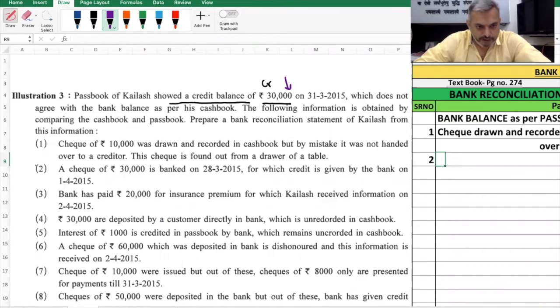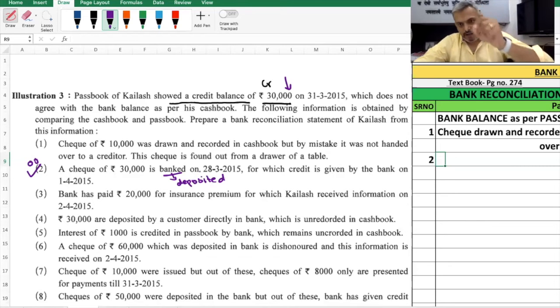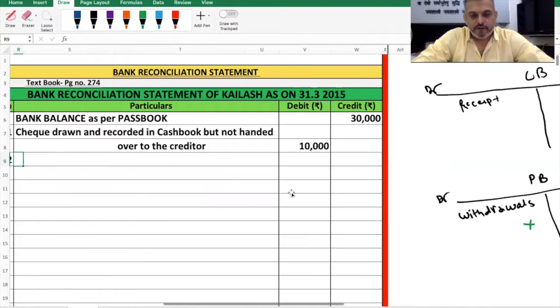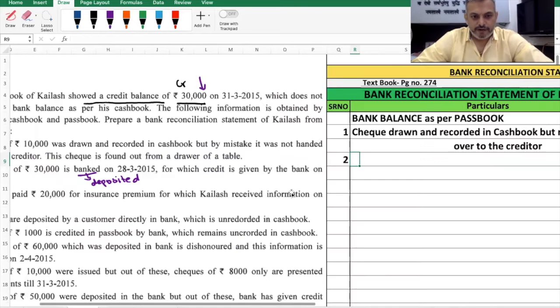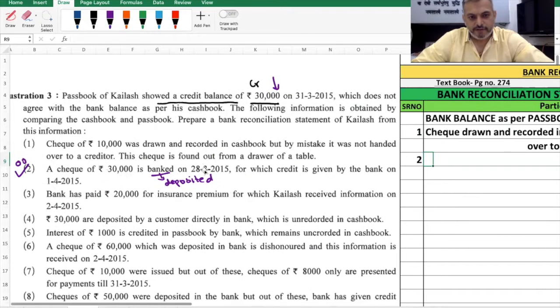Very important transaction, please mark it. Is banked यानी क्या? Banked यानी deposited. Please write in your textbook, deposited. So check was deposited on 28th of March.